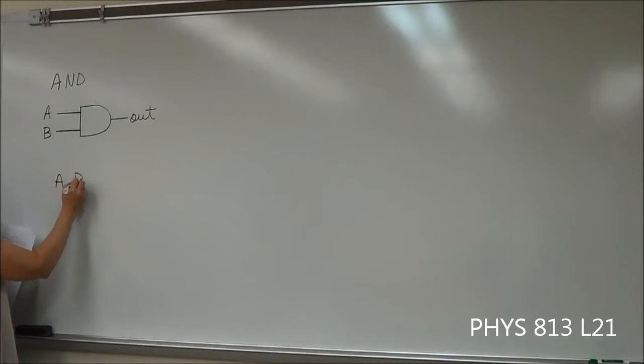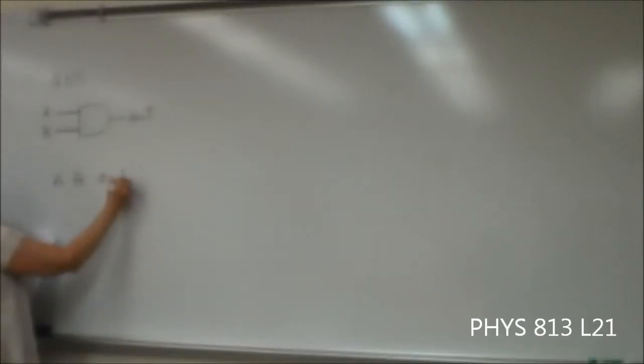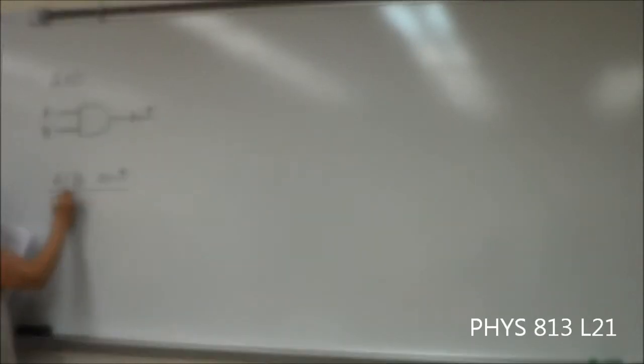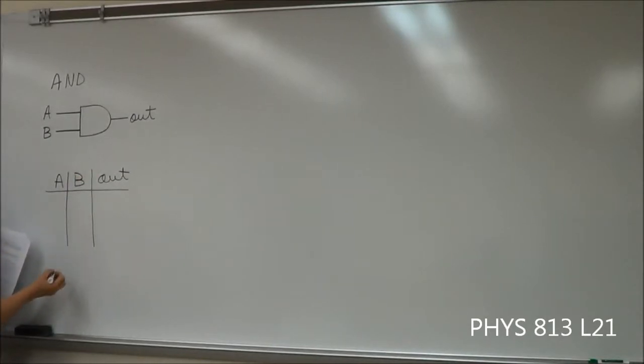So for A and B and out, we have these various possibilities. If we have zeros and ones, then we're going to look at the possible combinations that we can have for A and B. And it works best if you do this in a logical progression. You don't want to just randomly see if you can think of all the combinations.